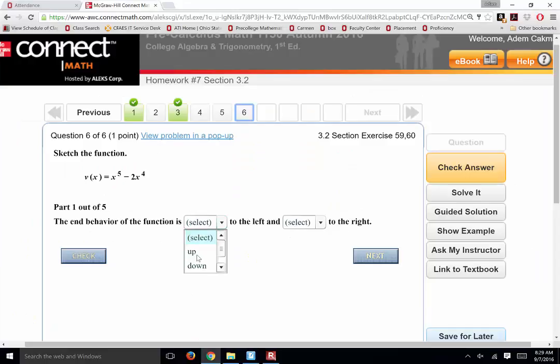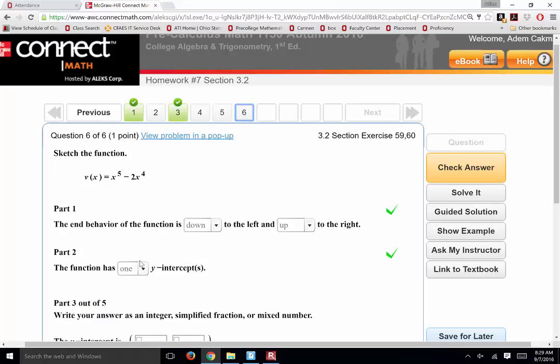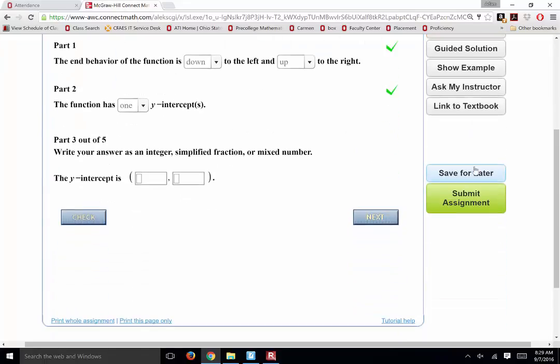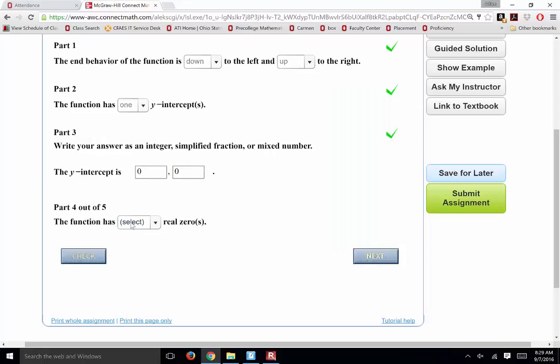Alright, this end behavior is on the left down, on the right up, as many y-intercepts. By the way, functions cannot have more than one y-intercept. This is a ridiculous part. But it can have none. Sometimes it never touches. And y-intercept we found was 0, 0. How many x-intercept we found? 2.